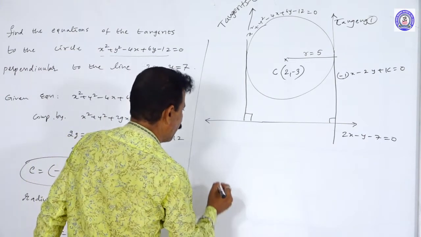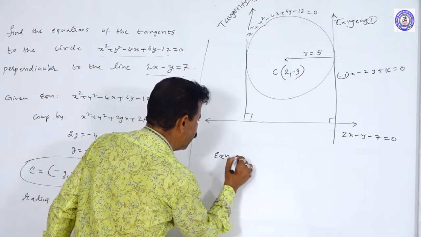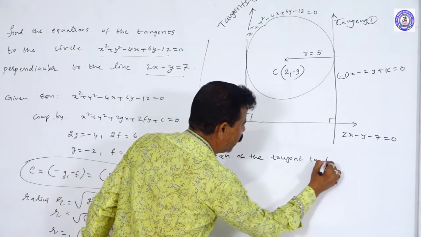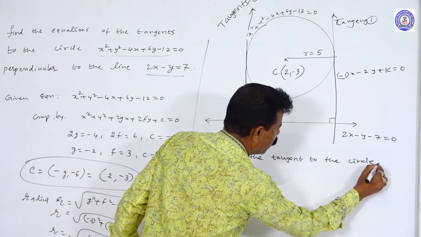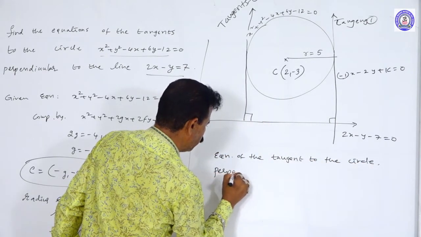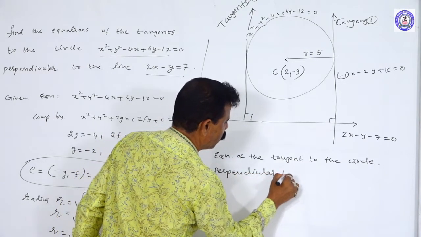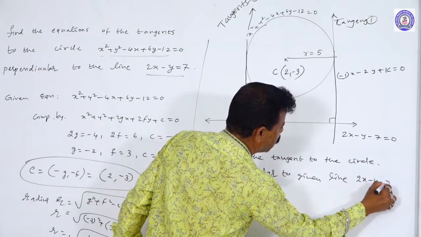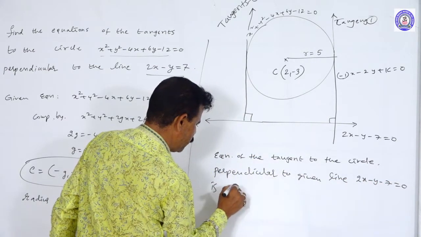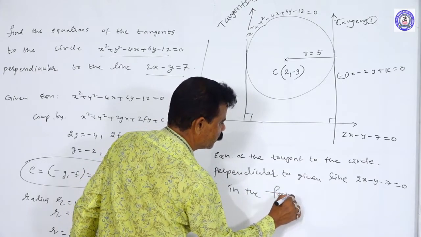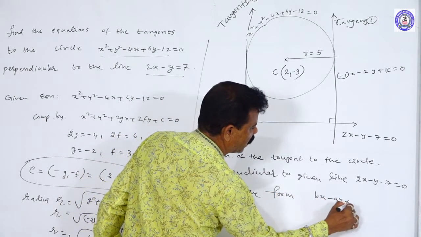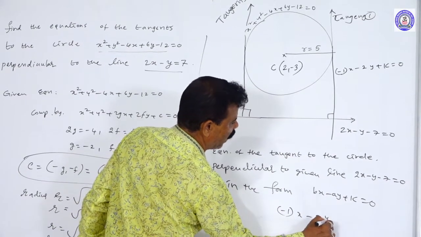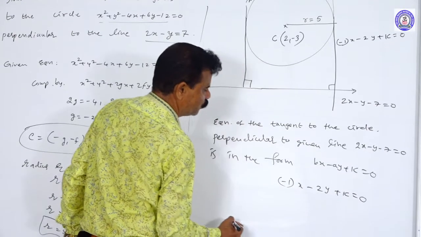Now, the equation of the tangent to the circle perpendicular to the given line 2x − y − 7 = 0 is in the form bx − ay + k = 0, that is −1x − 2y + k = 0.